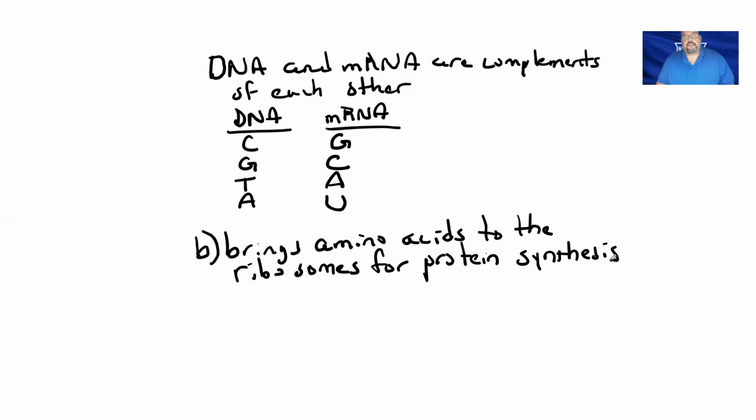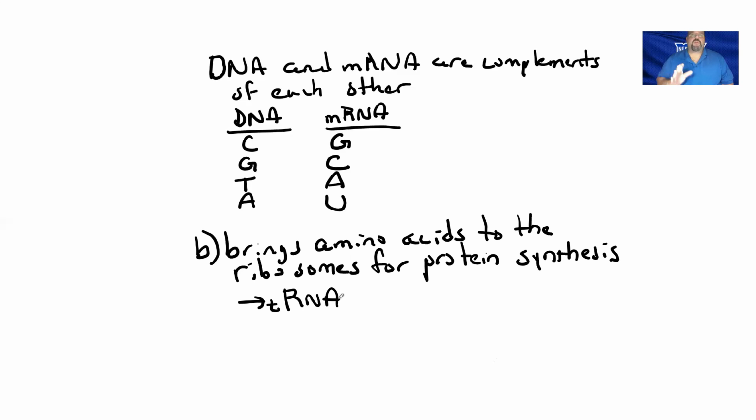So as we mentioned at the beginning of the video, your messenger RNA calls for the amino acids to be brought to the ribosomes for protein synthesis. But what actually brings the amino acids to the ribosomes for protein synthesis is your transfer RNA. So your transfer RNA would be the answer here.